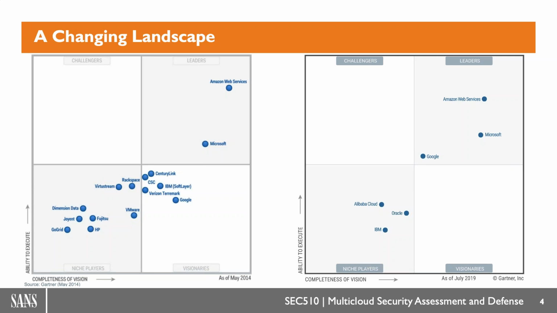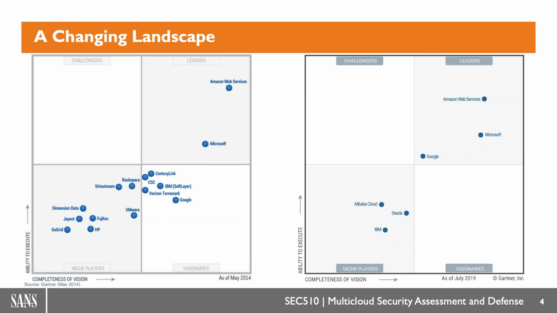One, the market has consolidated to a much smaller set of providers, and two, the gap between the top three providers has shrunk dramatically. Amazon Web Services, or AWS, is still the clear leader. However, Microsoft's Azure has proven itself to be a viable alternative, as demonstrated by it winning the US Department of Defense's $10 billion JEDI contract at the end of 2019.